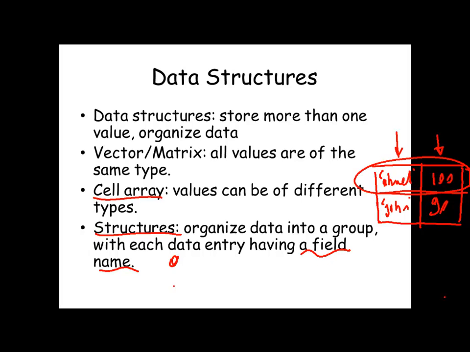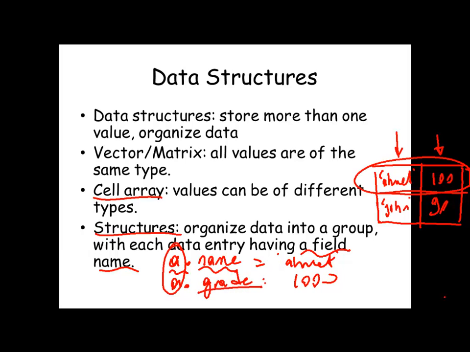Let's say we have a variable A that will be a student, and the name of the student will be stored as the name property of the variable A, equals Ahmed, and the grade of this entry will be 100. So we have a single structure variable called A that contains two different properties, name and grade.